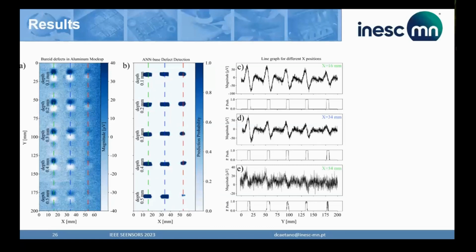Another interesting fact is that the input layer is 200 neurons, and I only had 200 samples from the beginning to the end. So I also had to interpolate the signals and create data that was not there, and still the neural network behaved well.